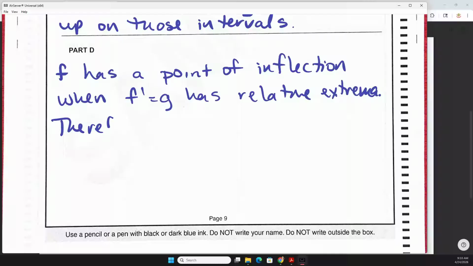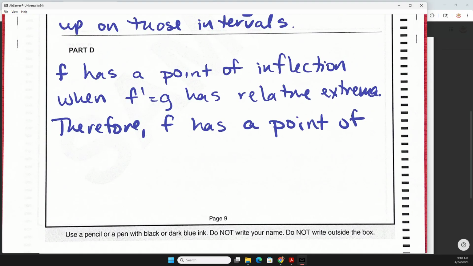Therefore, f has a point of inflection when x equals 4.